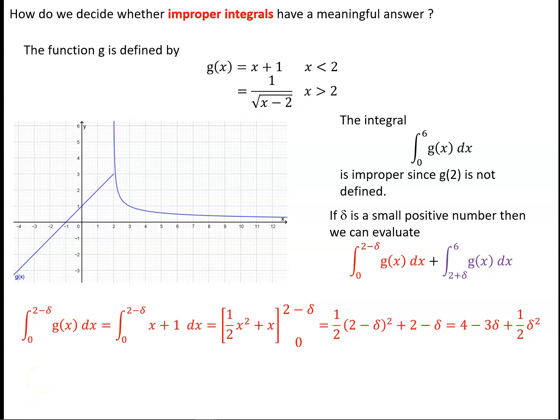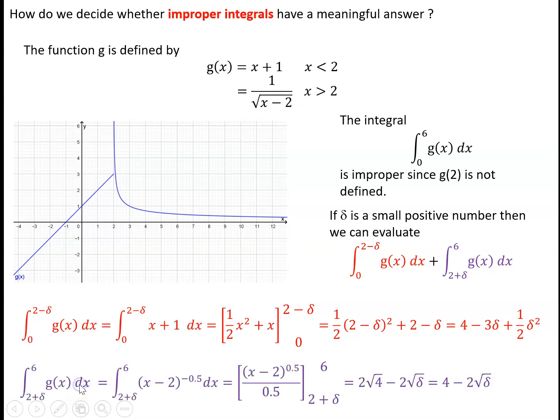Between 2 plus delta and 6 of g of x, that gives me the integral between 2 plus delta and 6 of x minus 2 to the minus 0.5. Integrating x minus 2 to the minus 0.5 gives me x minus 2 to the 0.5 divided by 0.5, with limits of 6 and 2 plus delta.